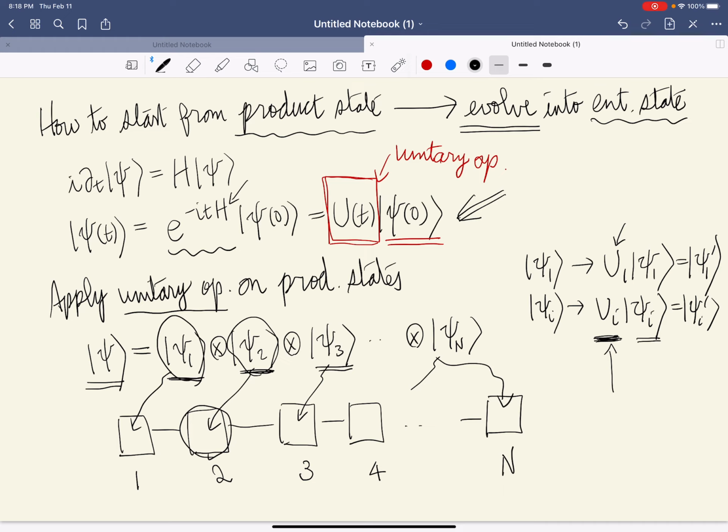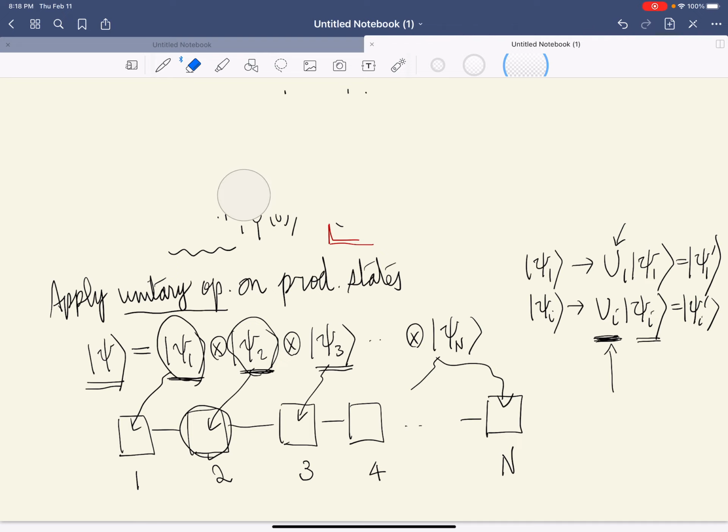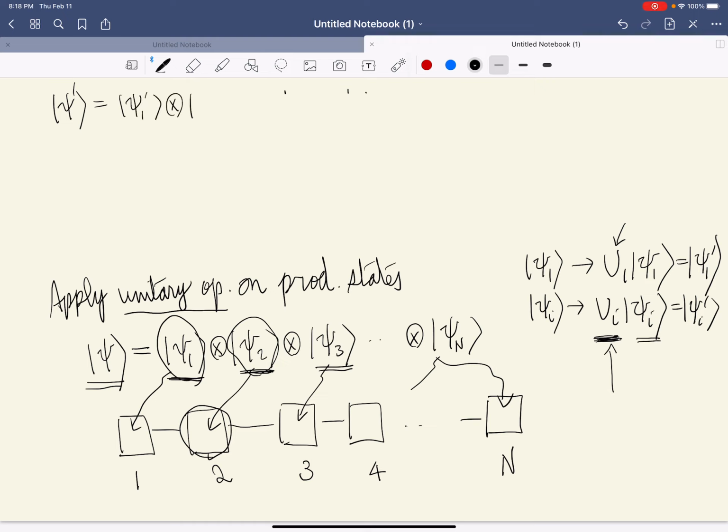Okay, so the answer is pretty simple. Okay, now all I have to do is to change each of the psi i into a psi i prime.